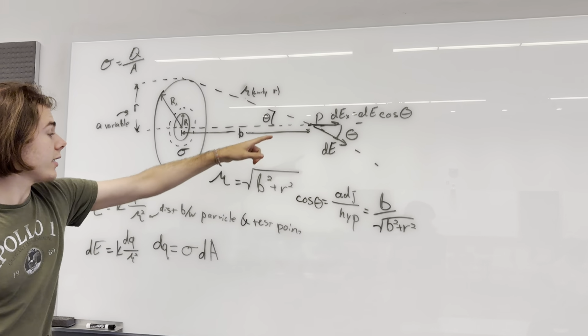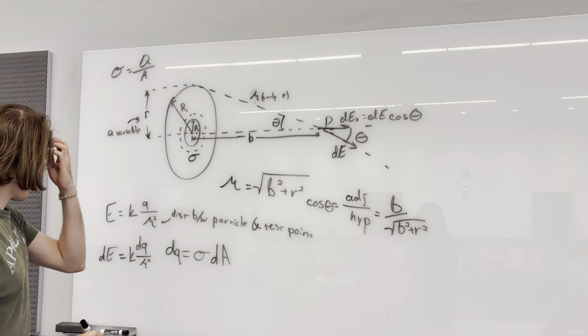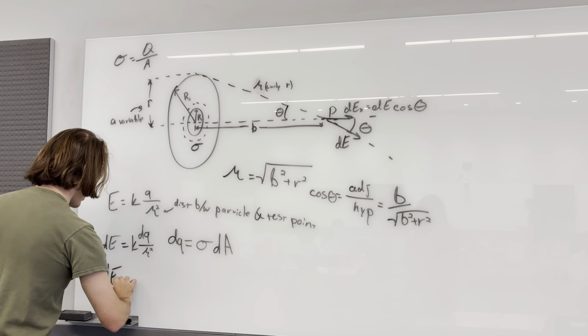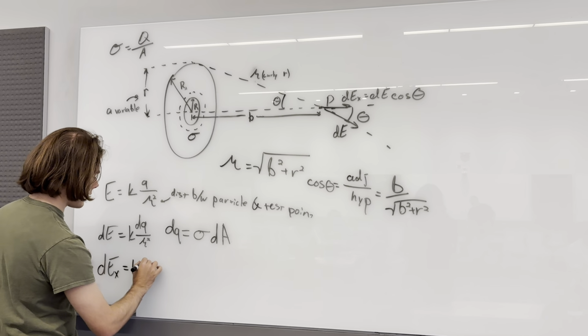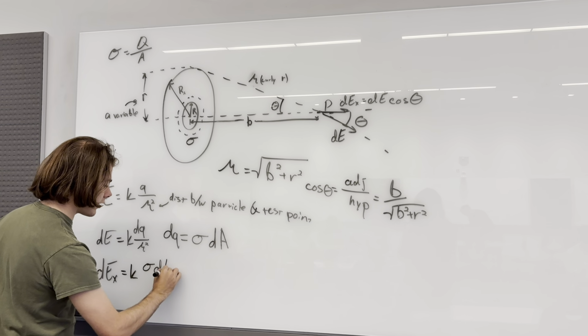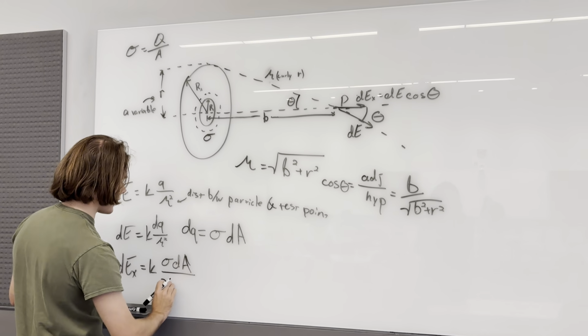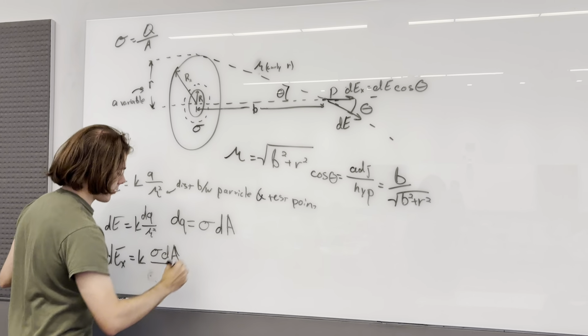So then we can write dEx, which is the only thing we care about, right? Because dEy doesn't matter. So we can write dEx as k sigma dA, and we're going to deal with the dA in a minute, over curly r squared, so you get rid of the square root.